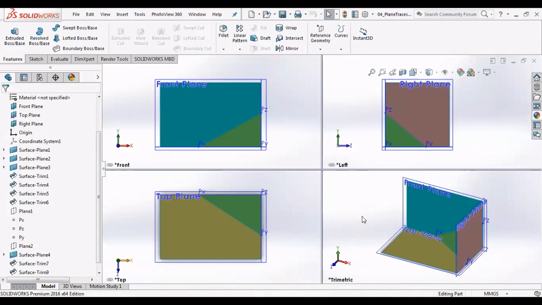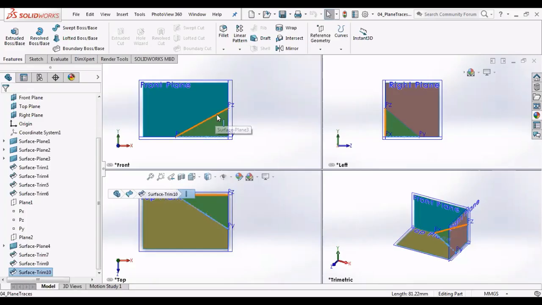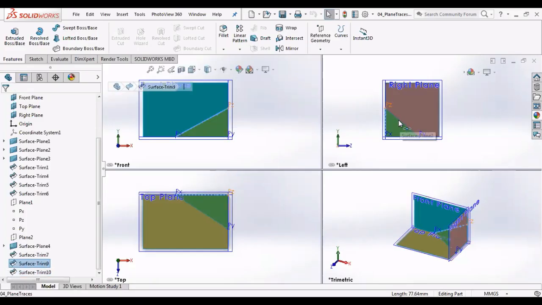Something like this, you see. So this line and that line, the line here and line here and then line here. So by giving these traces, the plane can be given.